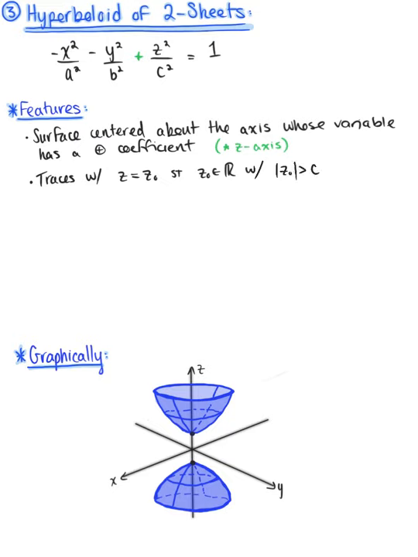Keep in mind from algebra that this absolute value inequality is equivalent to saying that z0 is less than negative c, or that z0 is greater than positive c. So traces with z equal to z0 under these conditions are ellipses.